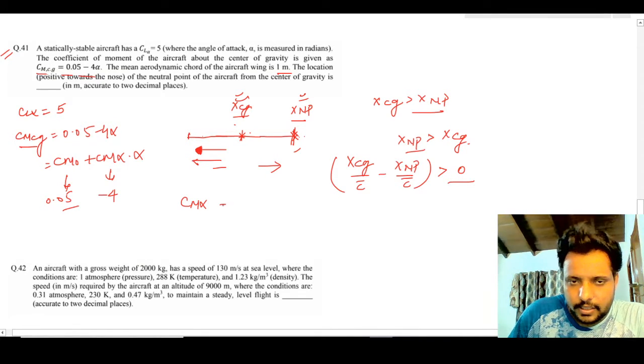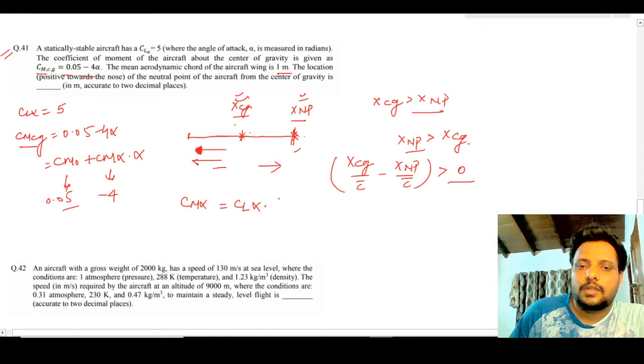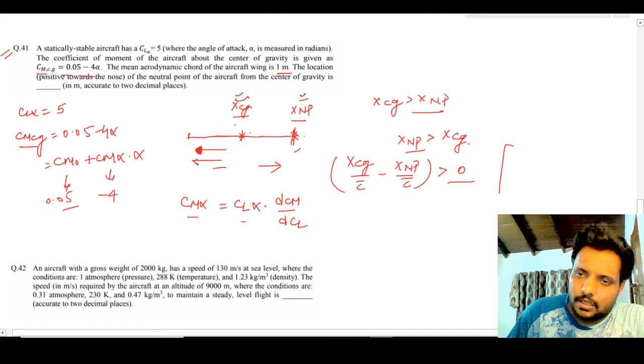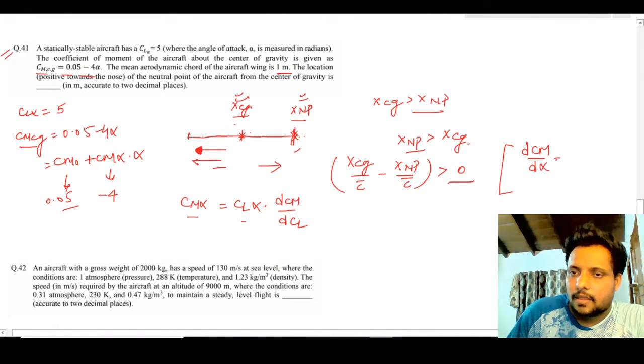I know that Cm alpha is equal to CL alpha into dCm by dCL. If you don't understand this, we can do it here: dCm by d alpha, so dCm by dCL and dCL by d alpha.